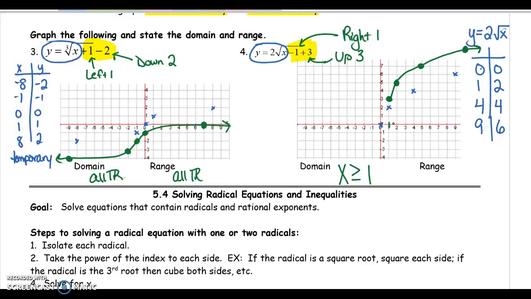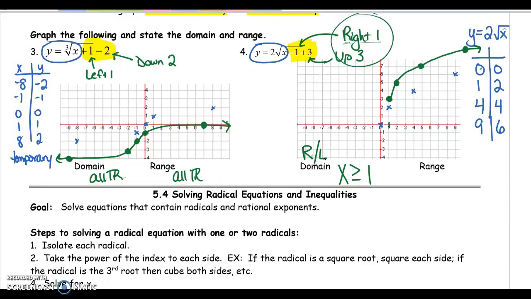You can also look at how the graph moved to determine your domain and range. The graph moved right 1, so that domain has to move right 1. The domain is affected by the right or left movement. So you may want to write that above your domain. If we had moved this graph left 4, our domain would be x is greater than or equal to -4.